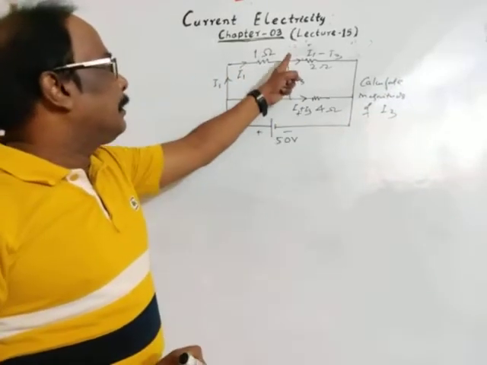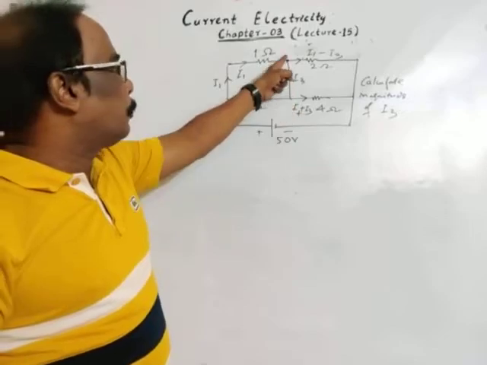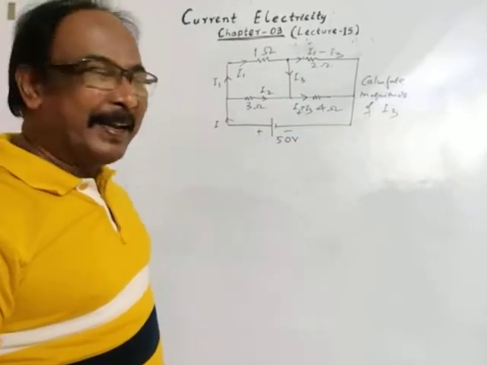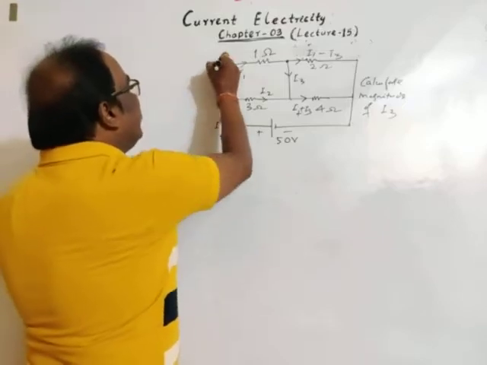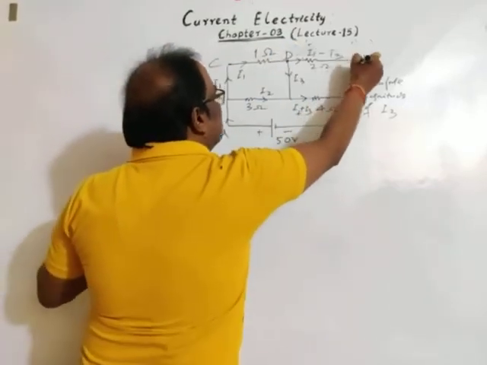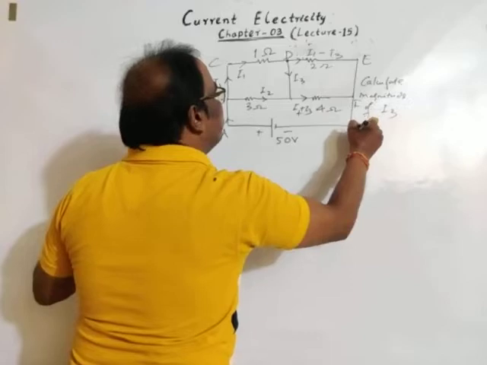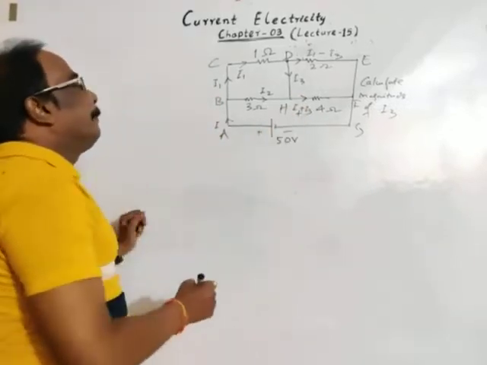We have to calculate this current through this branch, I3. Okay. Too easy, just name the points A, B, C, D, E, F, G, H.